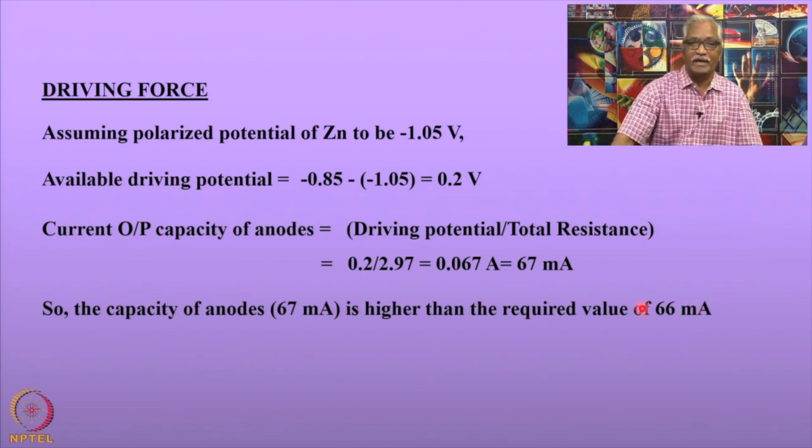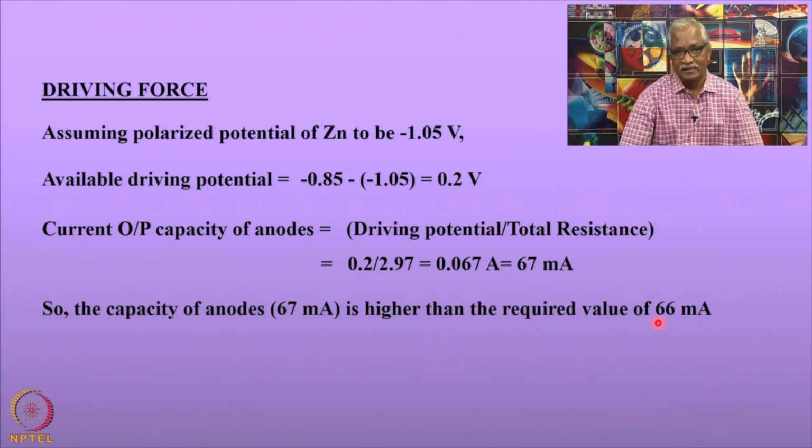If you want a better capacity, one way is to use 5 anodes instead of 4, but you will see later what that can lead to.